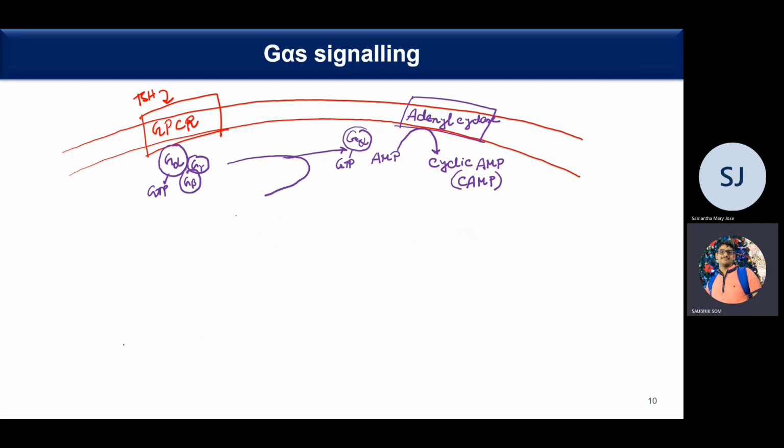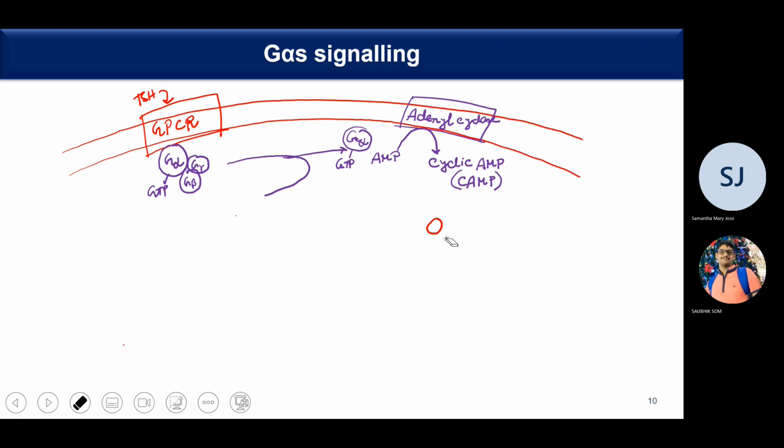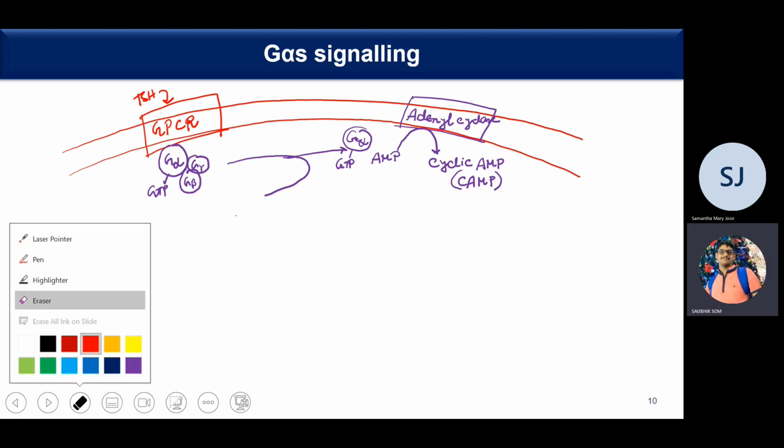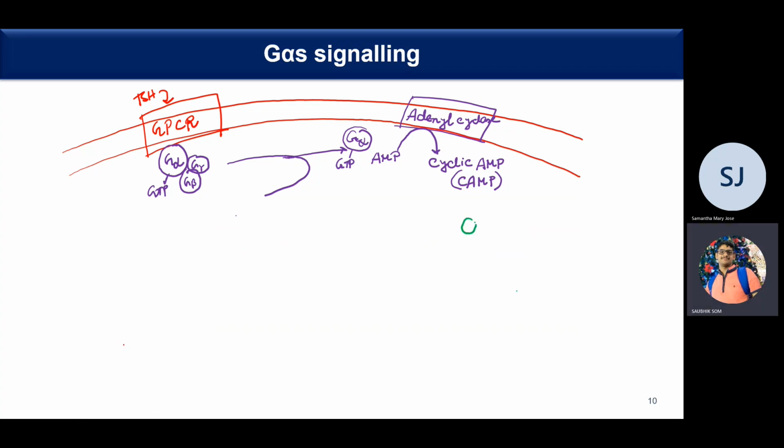So this cyclic AMP. Now there is another intermediate molecule known as protein kinase A. This protein kinase A is a tetrameric protein which has two catalytic subunits and two regulatory subunits.